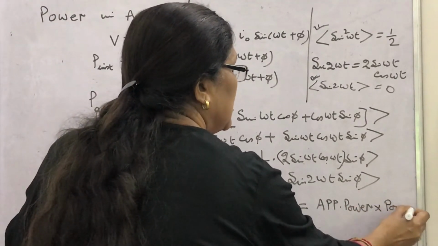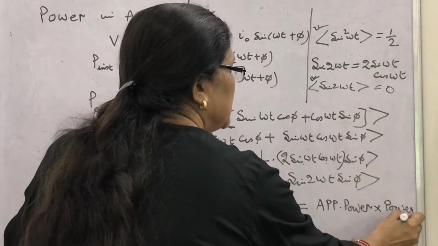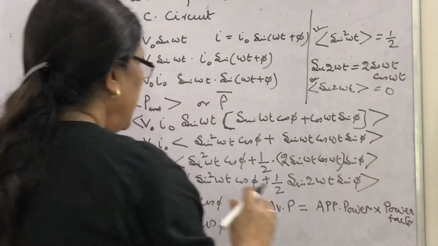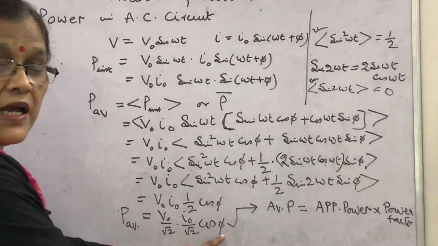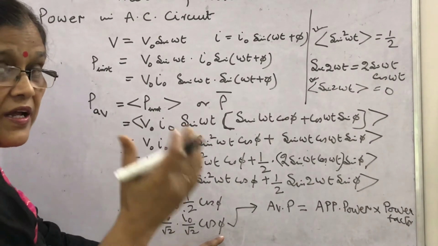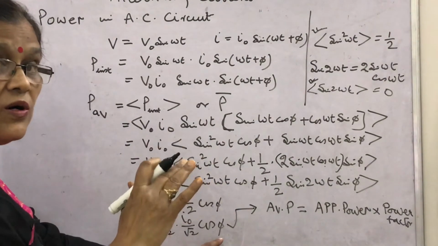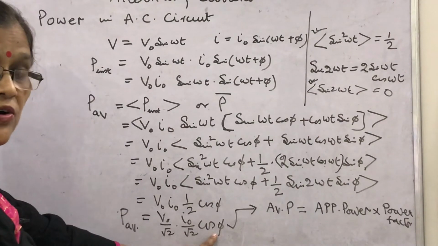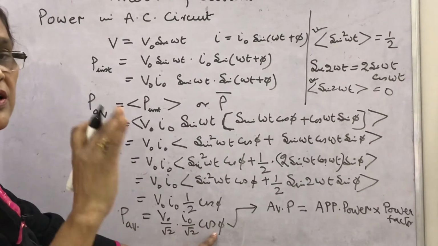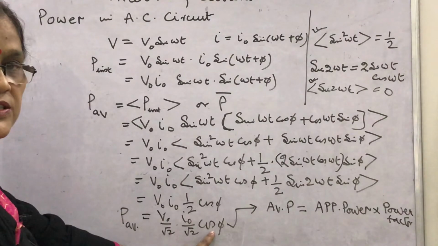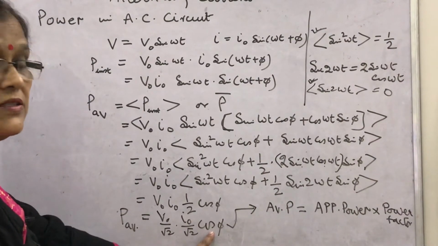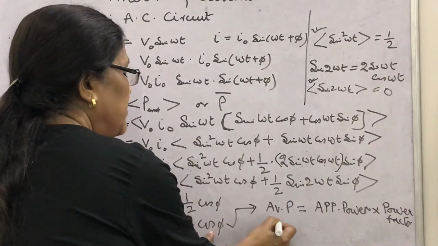We have seen in the previous videos that in finding the phase angle, we have taken tan phi as well as cos phi, and what was the value of cos phi in any of the AC circuit? Cos phi is given by R by Z. So what can you write here?